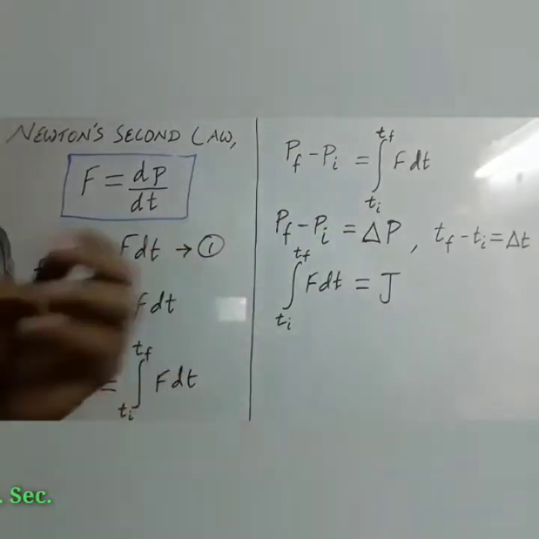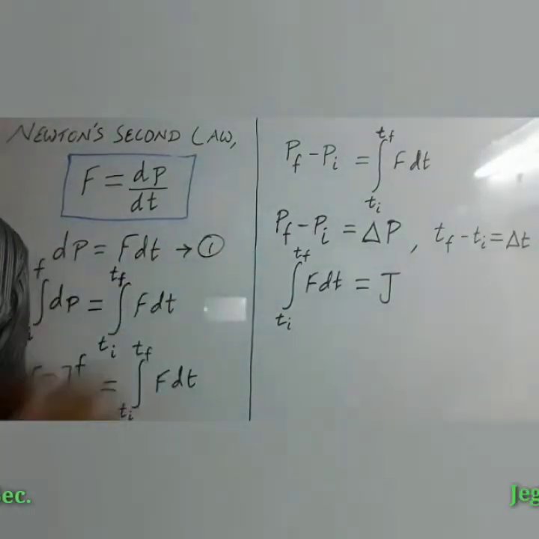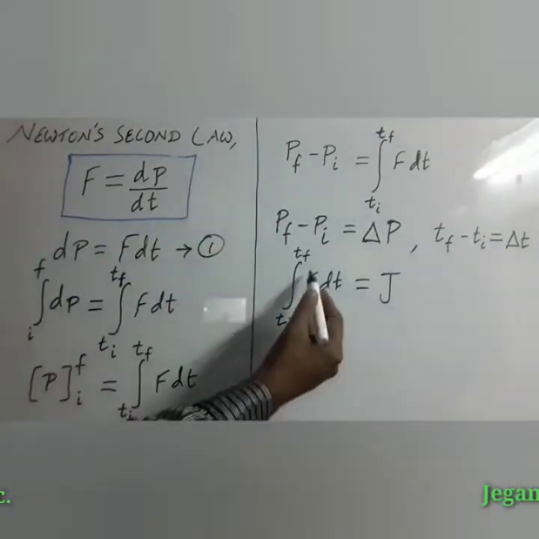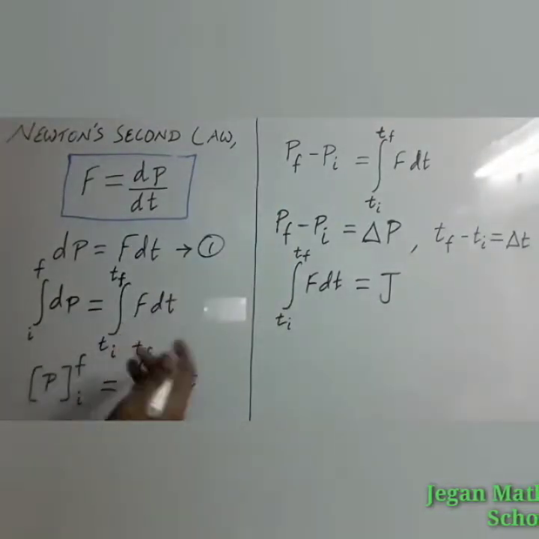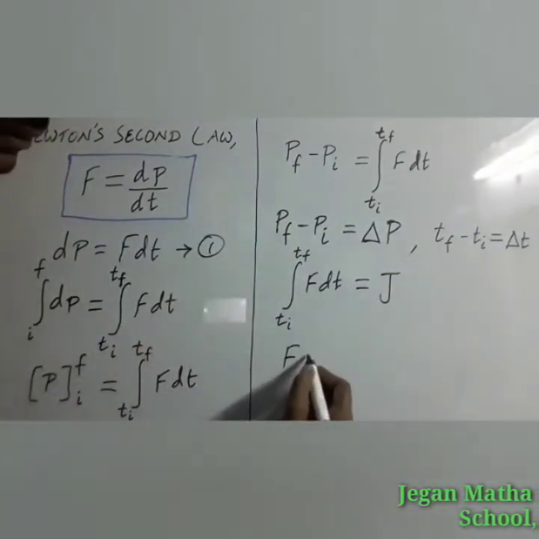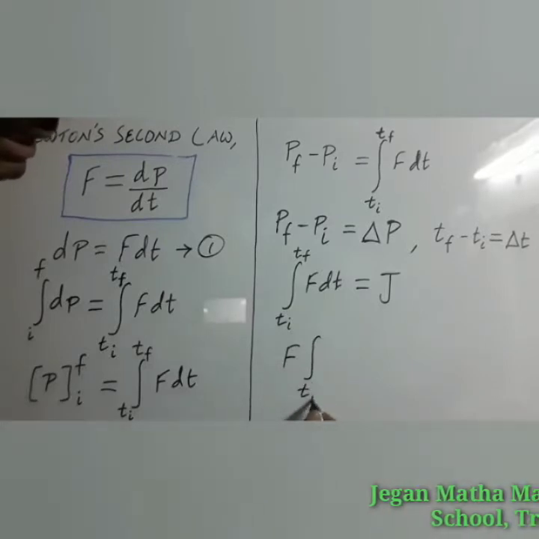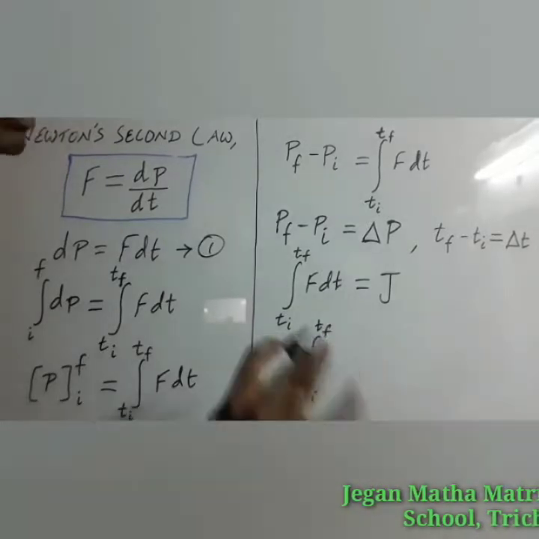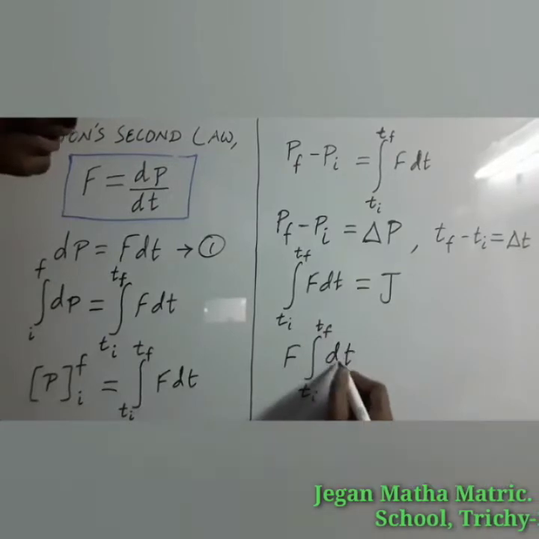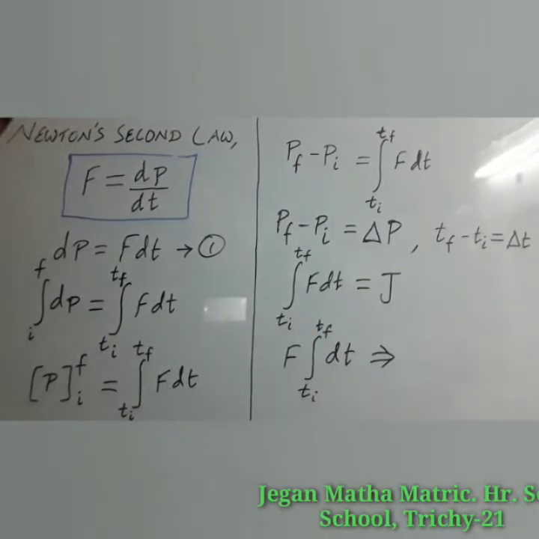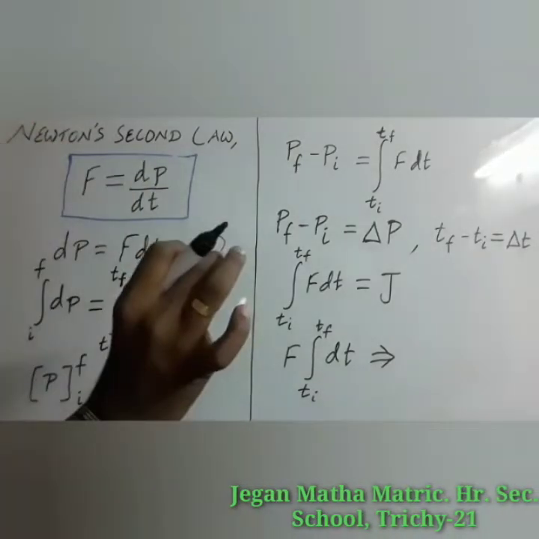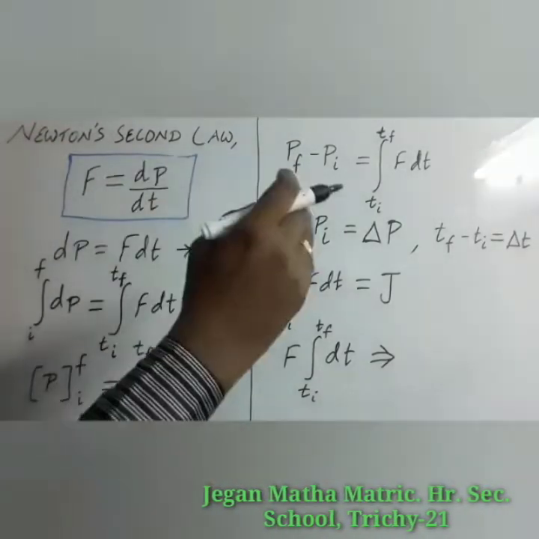If the force is constant over the time interval, then since a constant value does not need to be integrated, it can be taken outside. So how can we write it? F is taken outside of the integral from ti to tf. We have to write only dt. Here what is the value? F as it is. dt is integrated, what is the value? T. The next step, you have to apply the upper limit minus the lower limit.